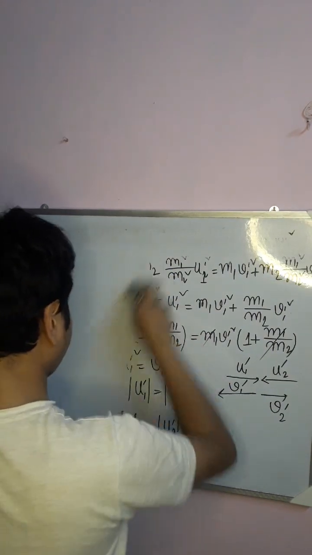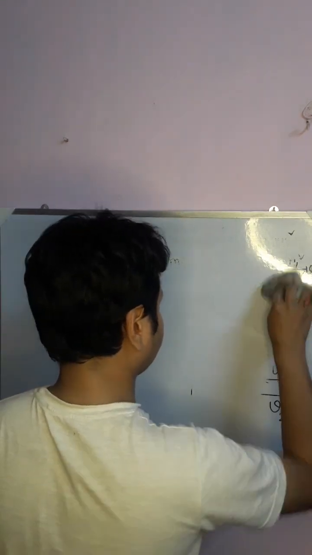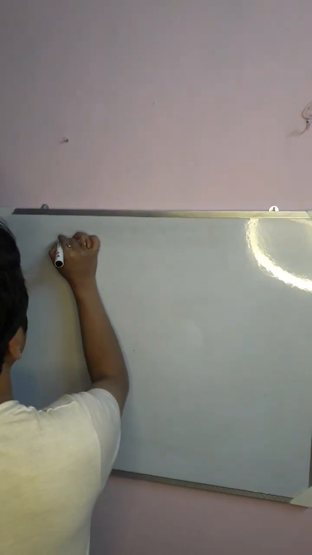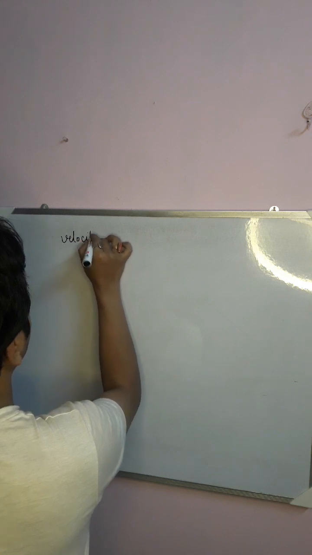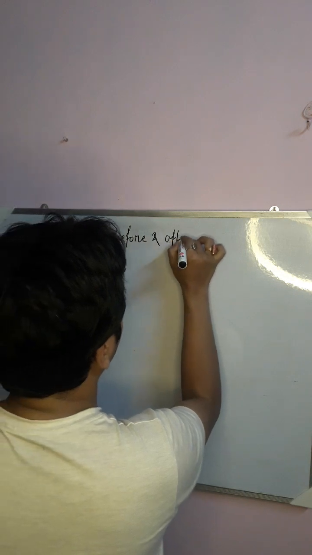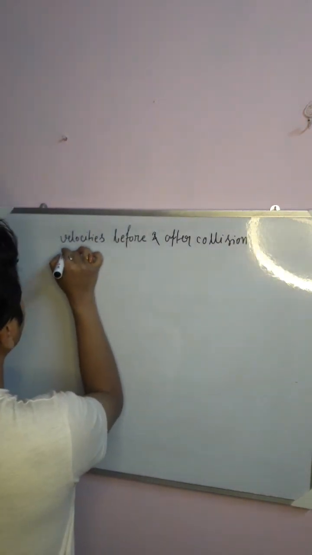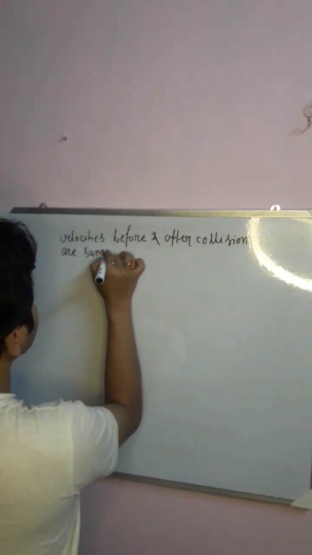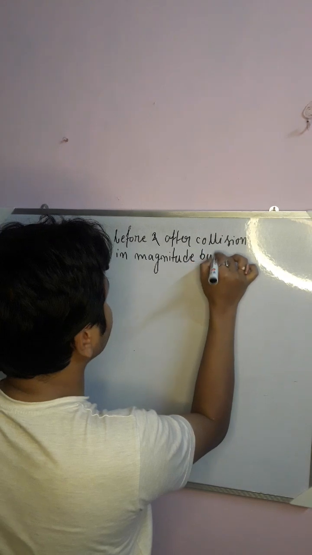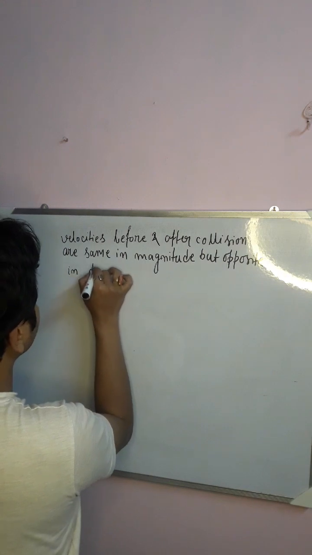So velocities before and after collision are the same in magnitude but opposite in direction.